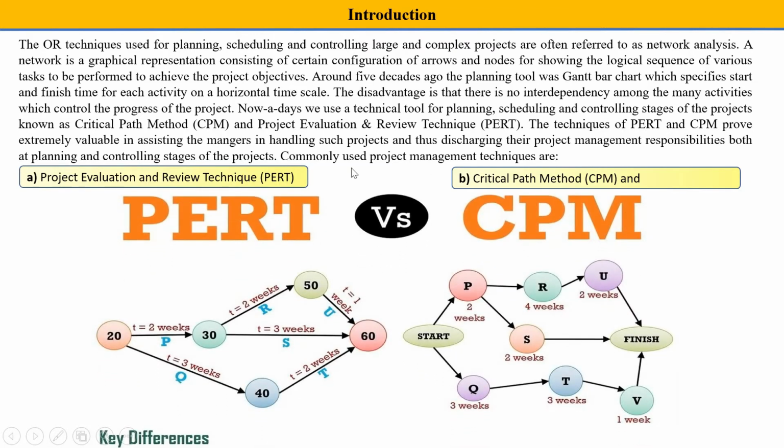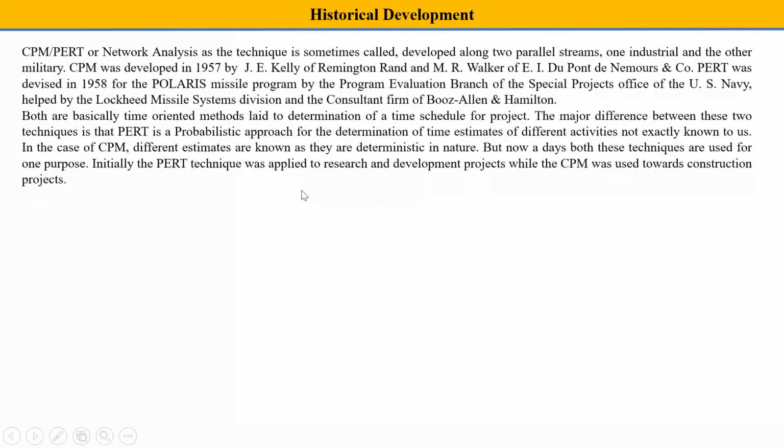We will understand in the upcoming slides the basic difference between them. But basically, CPM is time relevant while PERT is event relevant. So we will see further.